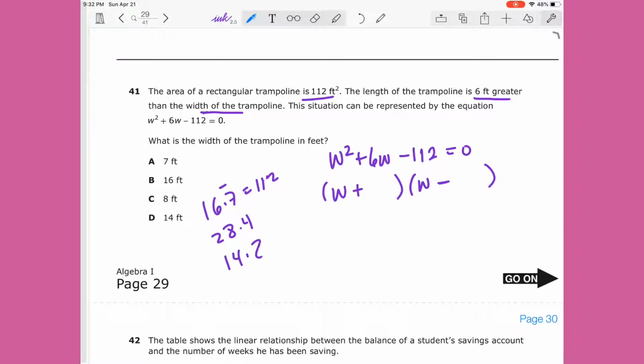We've got 14 and 8. 14 and 8 does equal 6.